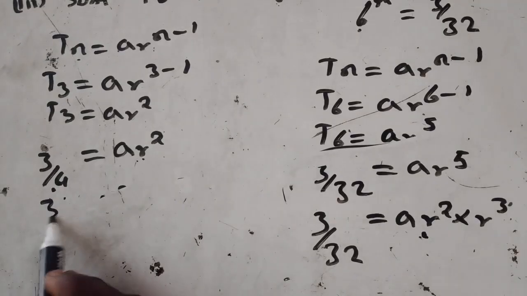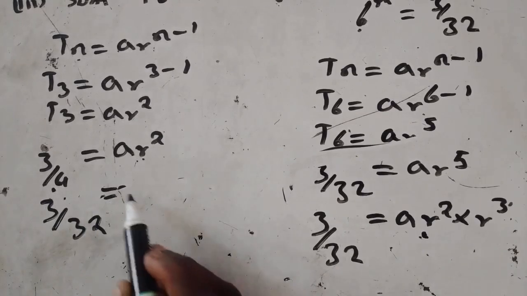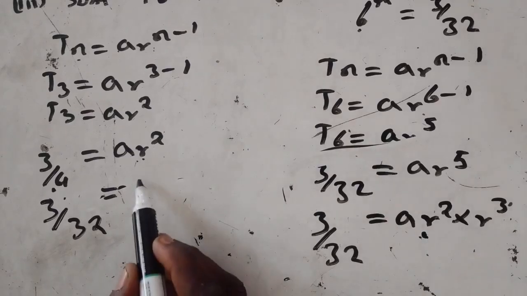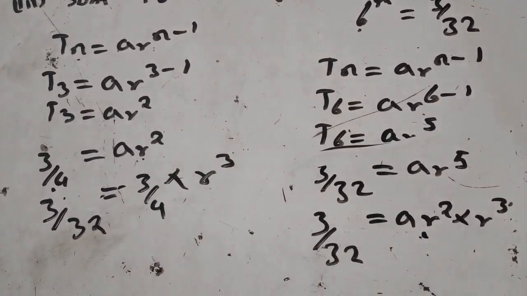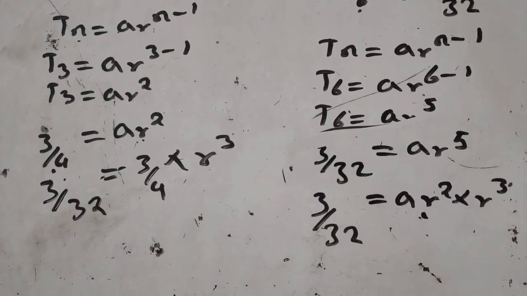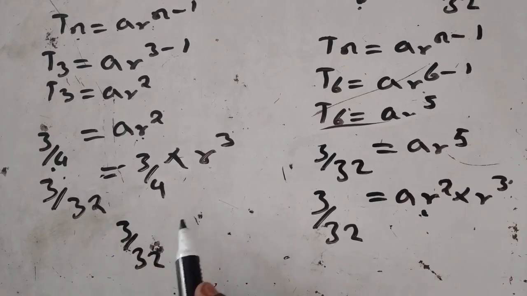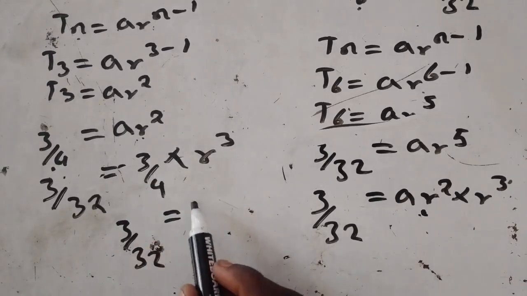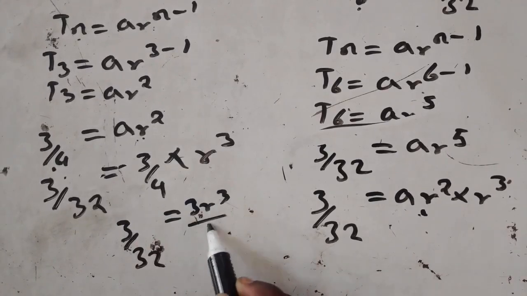So we can write 3 over 32 is equal to 3 over 4 times r to the power 3. Having written it like this, we can finish it. 3 over 32 is equal to 3r cubed over 4.